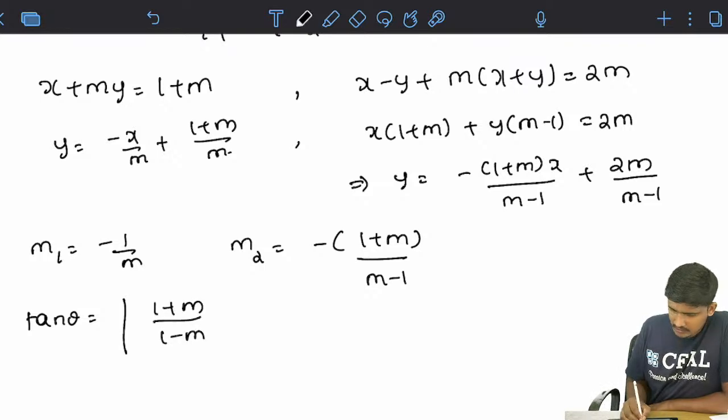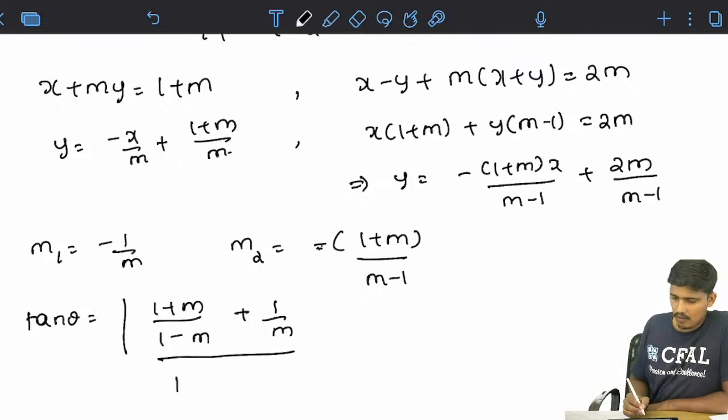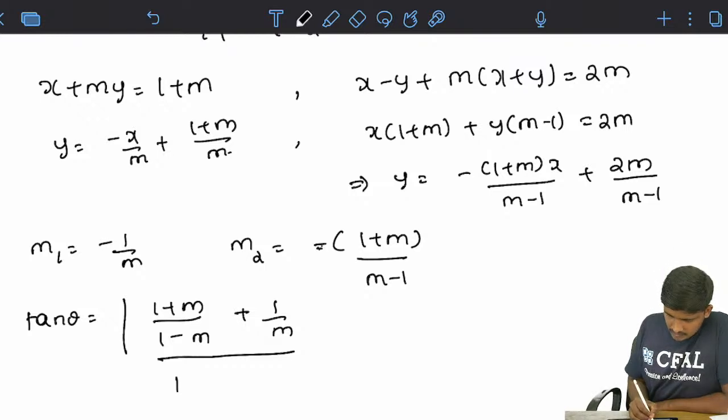I have just ignored the minus sign and written the denominator as 1 minus m, making it positive. It is not a problem for us. So m2 minus m1 divided by 1 plus m1 m2, this will be just 1 plus m divided by m into m minus 1, its magnitude.